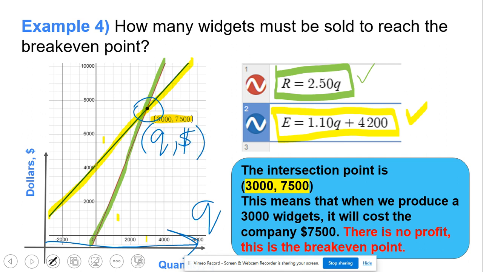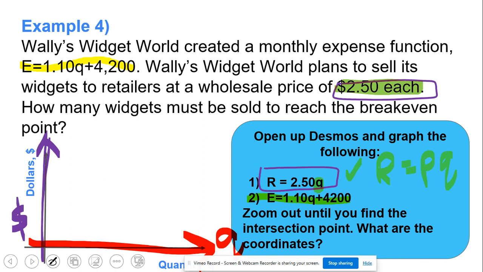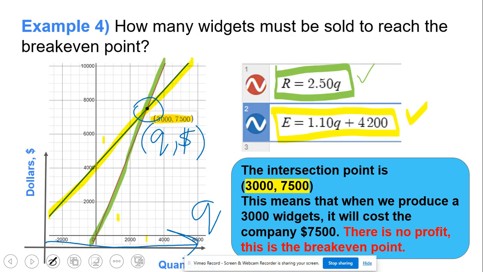That means that when we produce 3,000 widgets, or in this case, the company is planning, it doesn't even tell us what the widget is, right? If we sell 3,000 widgets, it's going to cost us $7,500 to produce it. There's no profit. This is when the revenue R is equal to E. Those are the same. They're sharing that same intersection point. So it's just like interpreting where the graphs are breaking even, where they are equal to one another.